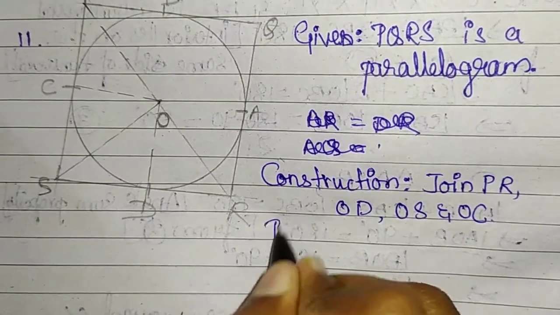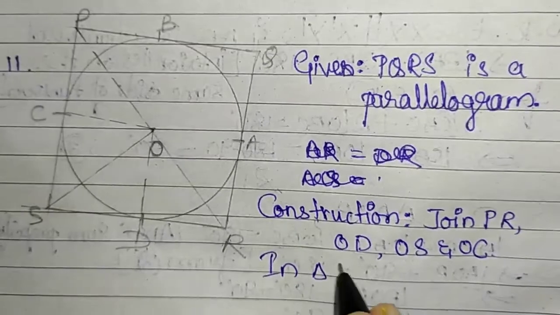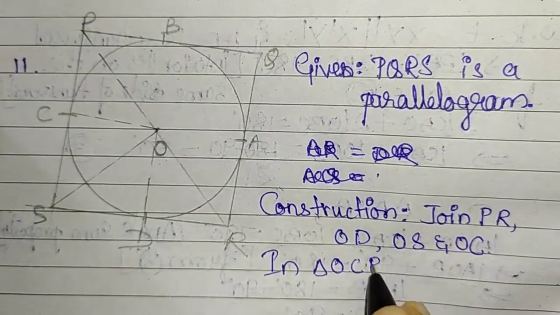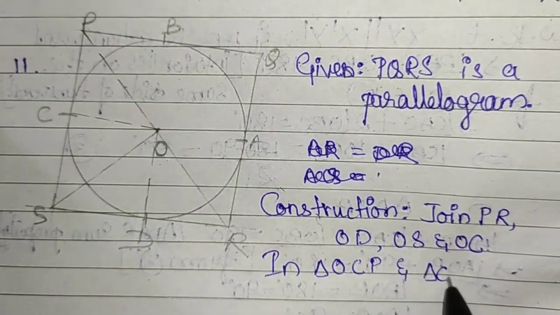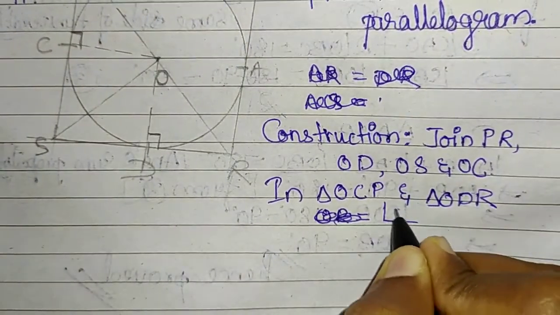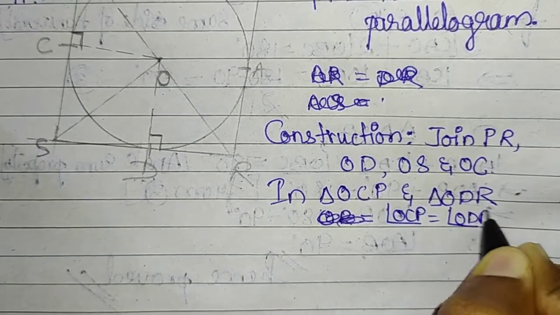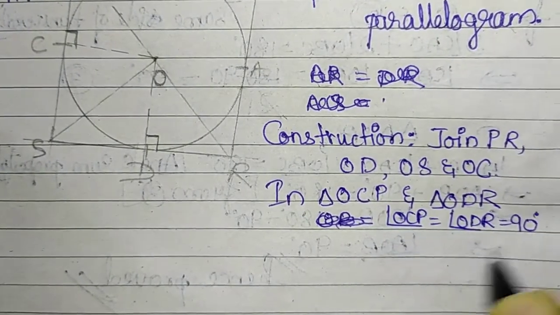Now in triangle OCP and triangle ODR, angle OCP is equal to angle ODR is equal to 90 degrees.